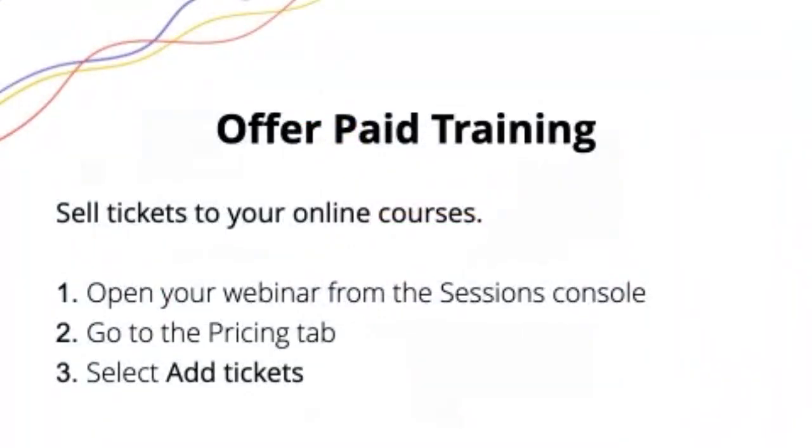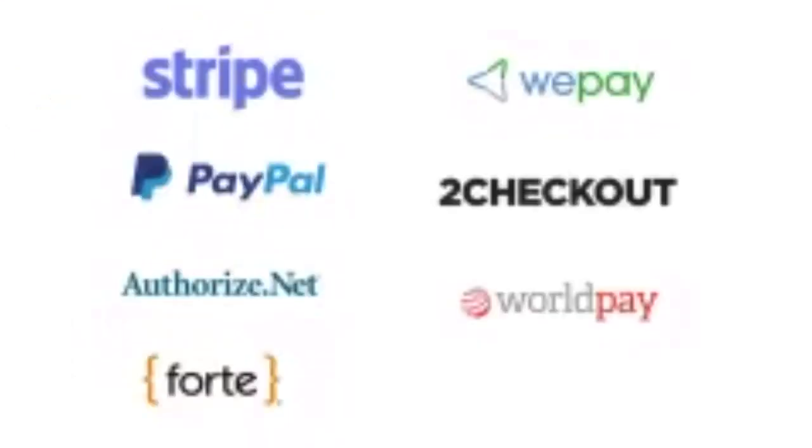Okay, so paid training, I mentioned this earlier. If you are a training agency or an independent trainer, you can actually set up tickets on your ShowTime account. If you want to do this, you have to connect a payment gateway. This slide shows you all of the possible payment gateways that you can connect into ShowTime right now.